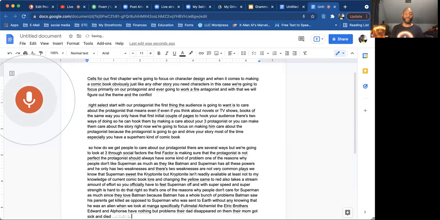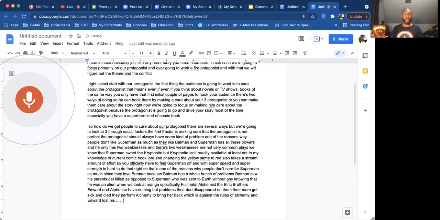They perform alchemy to bring her back, which is against the rules of alchemy. And Edward lost his arm and his leg. And Alphonse lost his whole body. And the whole plot is now trying to find the Philosopher's Stone to get their bodies back. Right there, that draws you into the story, especially once you learn what happened to them.